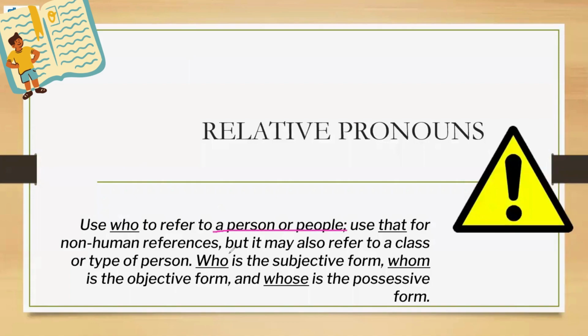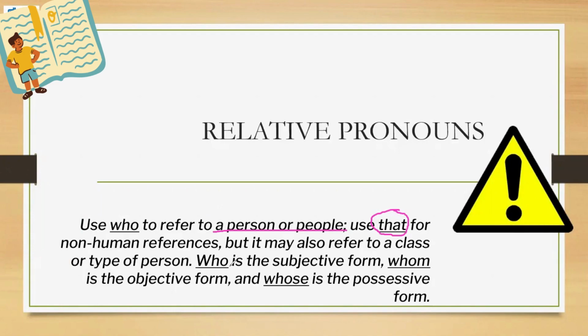That can be used for non-human references, but may also refer to a class or type of person. In short, that is universal. It can be used for non-human things, objects, or a type of person.